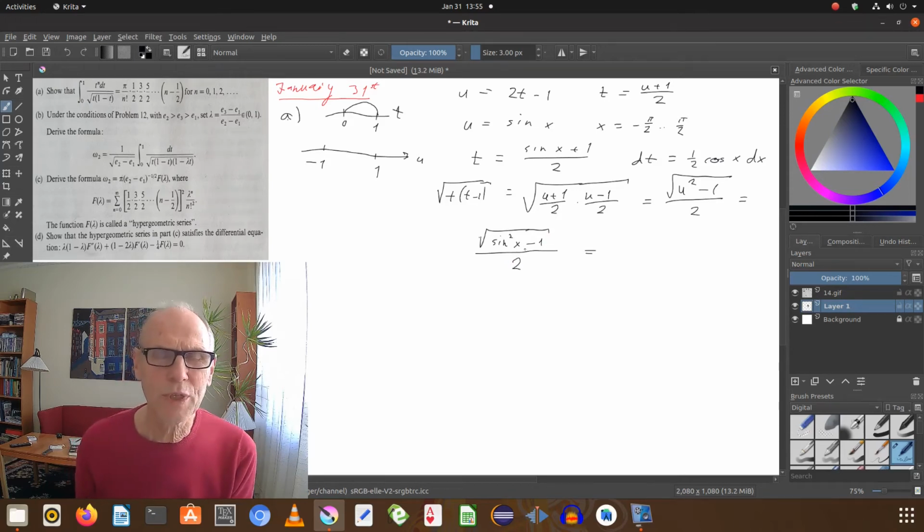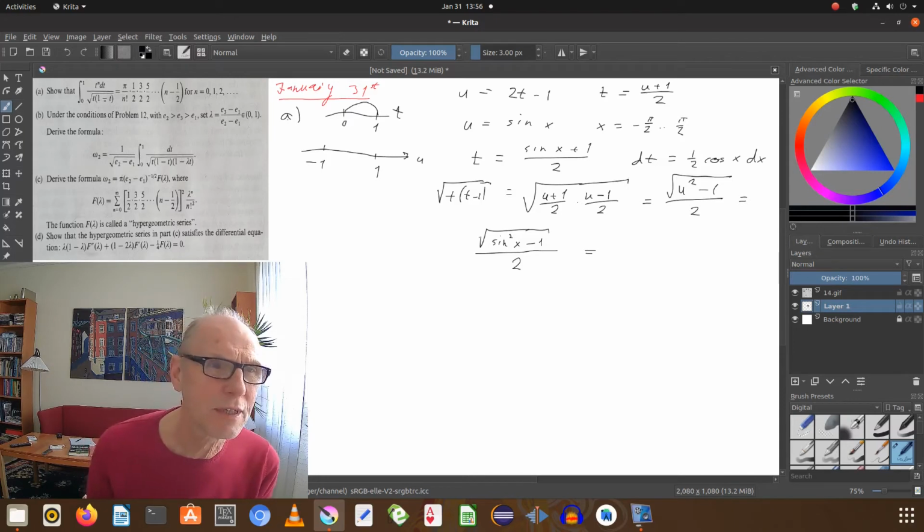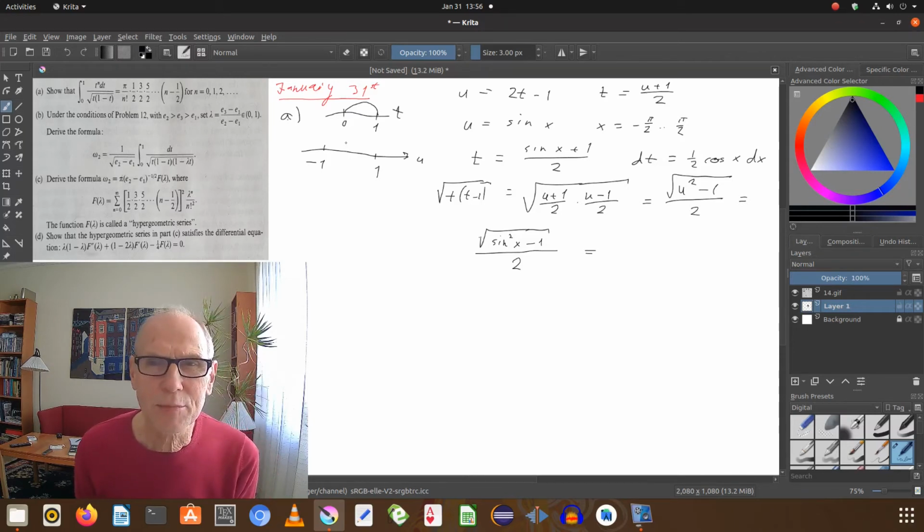Now that's weird, because it was positive all the way here. The part under the square root is positive here, isn't it? Yes, indeed. And it's positive here.